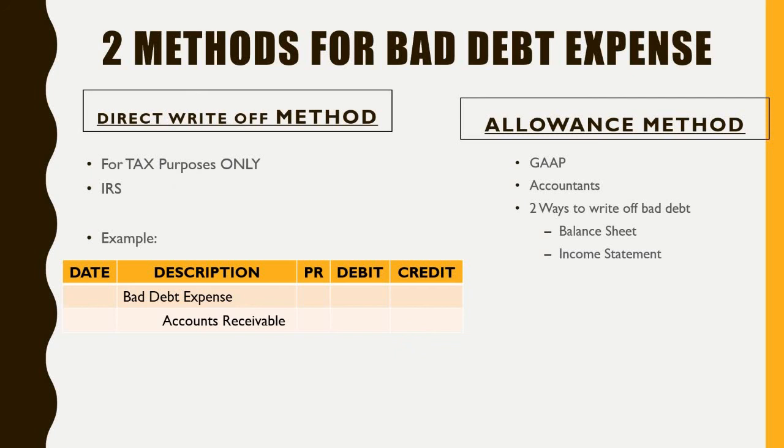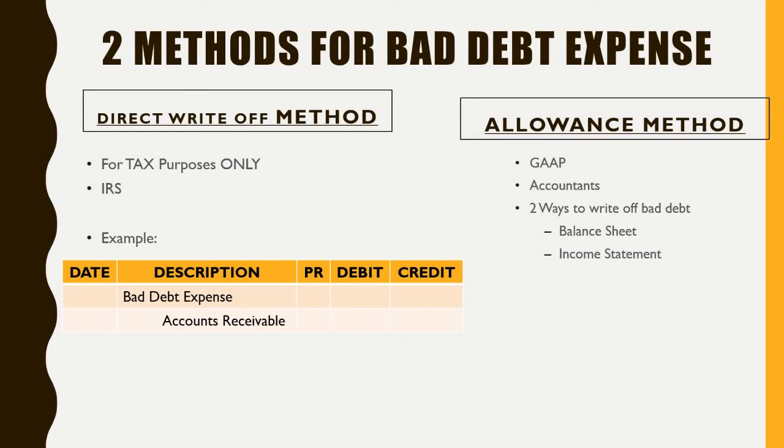So we cannot write off the bad debt, or in this case, write off my loss directly off my accounts receivable. That one's called the direct write-off, right? You're directly writing off the money from your accounts receivable. And we are not allowed to do that because we're not certified tax accountants.